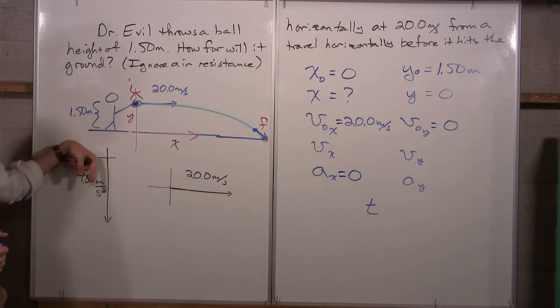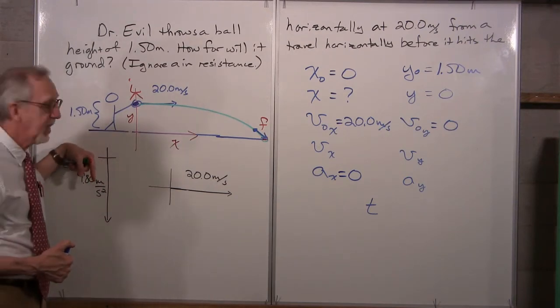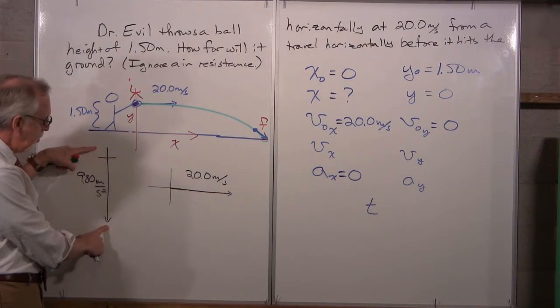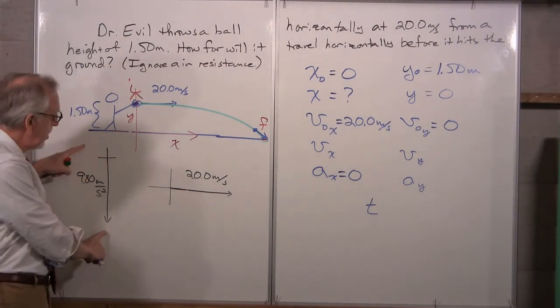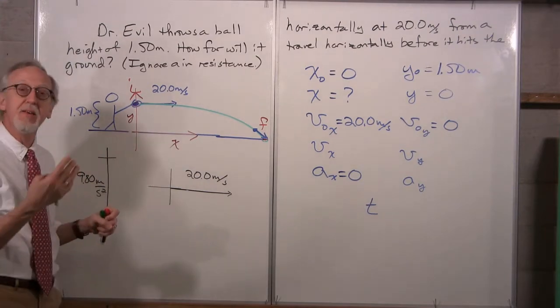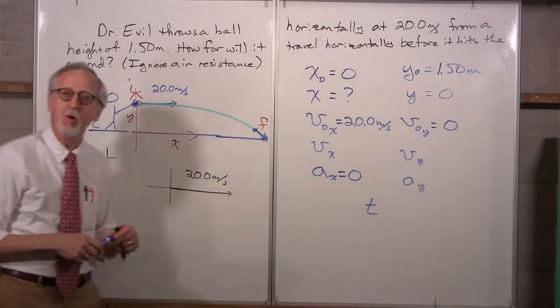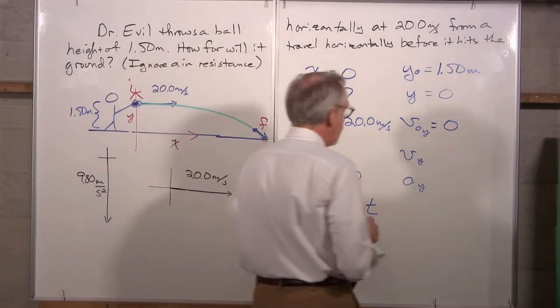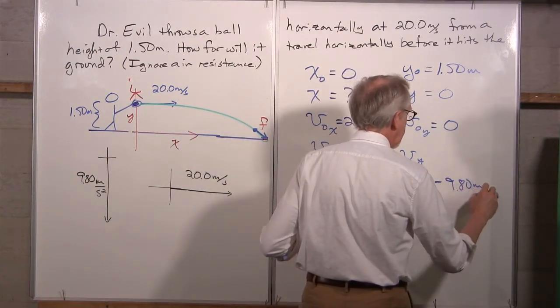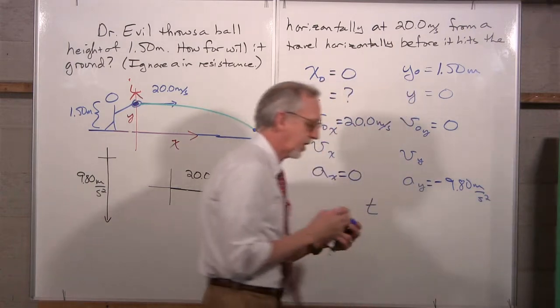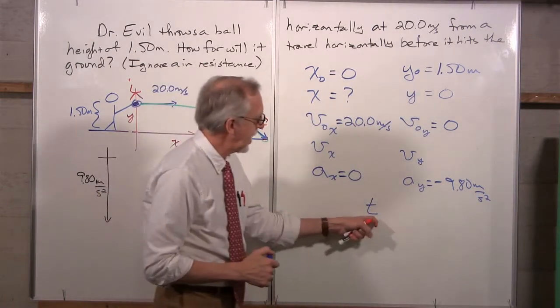The y component of a vector that's pointing down is negative. And we know the length is 9.80 meters per second squared, so a sub y is negative 9.80 meters per second squared. There we go. And what about t?